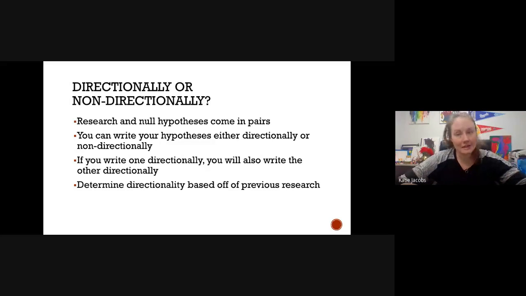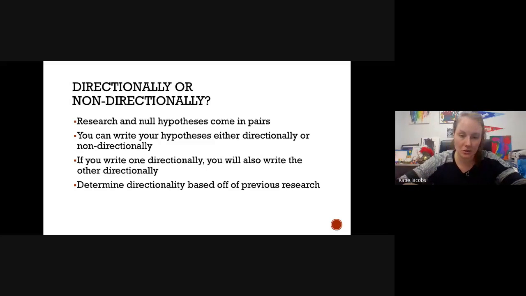Now, if I have no idea which group would be higher, if we think, is there just a significant difference in happiness between people who eat chocolate every day and those who do not, then that would be a non-directional hypothesis.